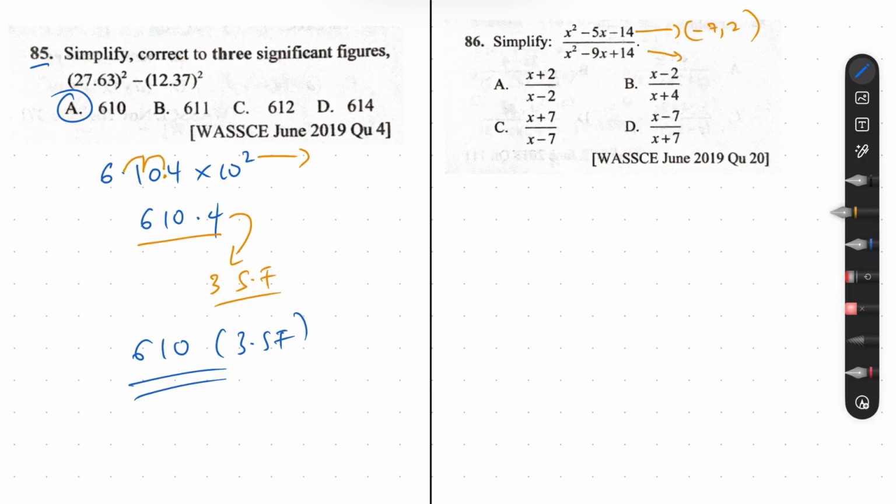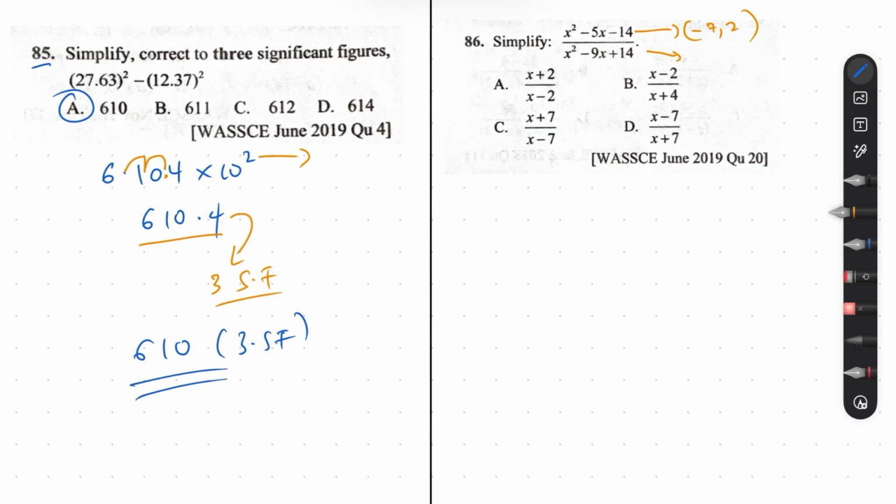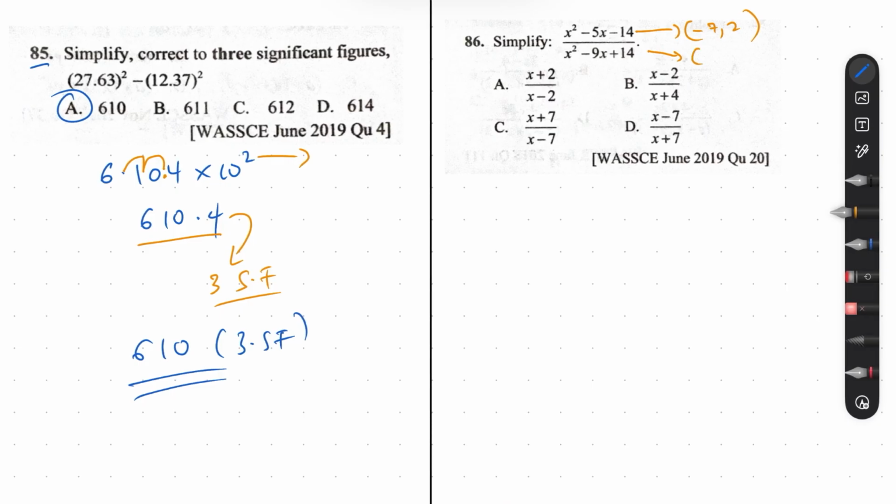Similarly for the denominator, you need to find two factors. Those two factors are -7 and -2, because if you multiply -7 and -2, you get +14. When you add them, you have -9. Now let's write our quadratics in terms of the factors.